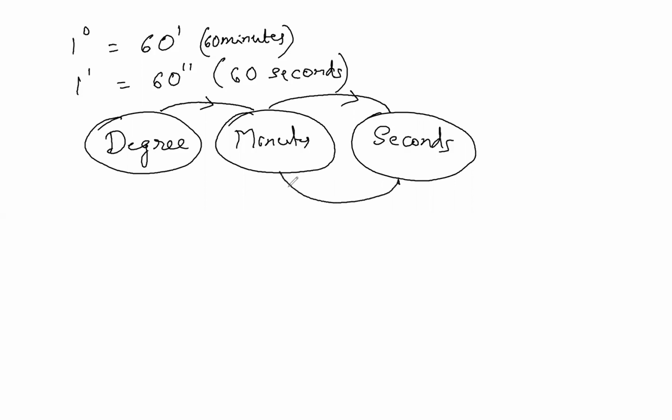The other way around, divide, opposite. So to convert degree to seconds, multiply by 60 into 60. To convert seconds to minutes, divide by 60. Minutes to degree also divide by 60. So I will draw this conversion cycle.